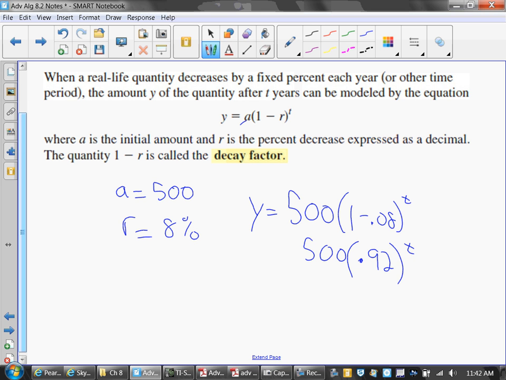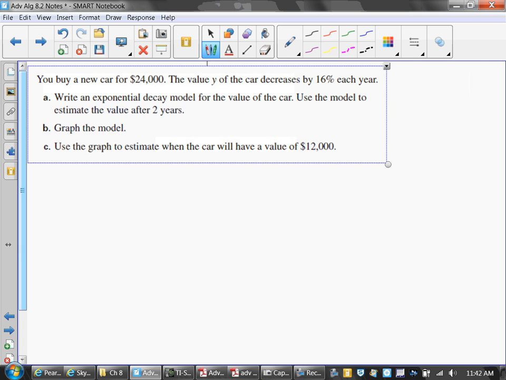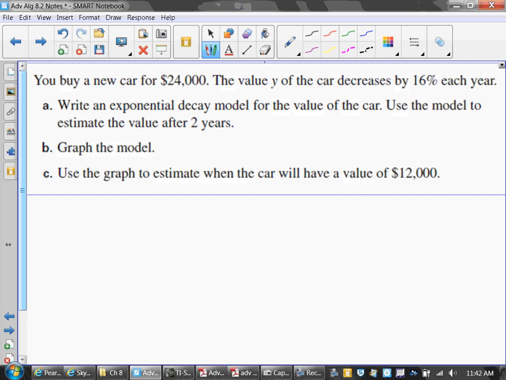Alright, so that's what you're going to see in this case. Now, once again, this 1 minus r, that 0.92, would be considered the decay factor. You see decay a lot of times with what's called depreciation. If any of you guys have ever bought a car, the moment you drive it off the lot, it's worth a lot less than what you bought it for.